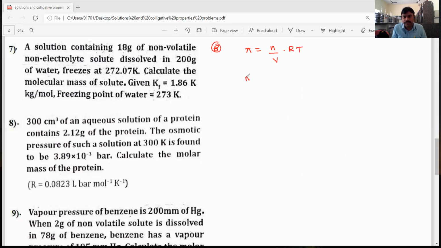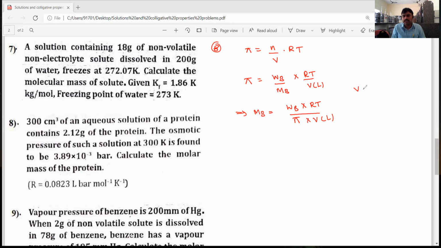So osmotic pressure pi is equal to weight of solute divided by gram molecular weight of solute, into RT by V, the volume in liters. Then MB is equal to WB into RT divided by pi into V, with volume in liters.